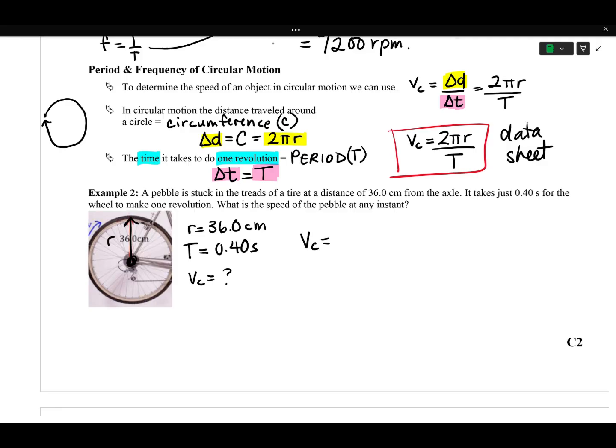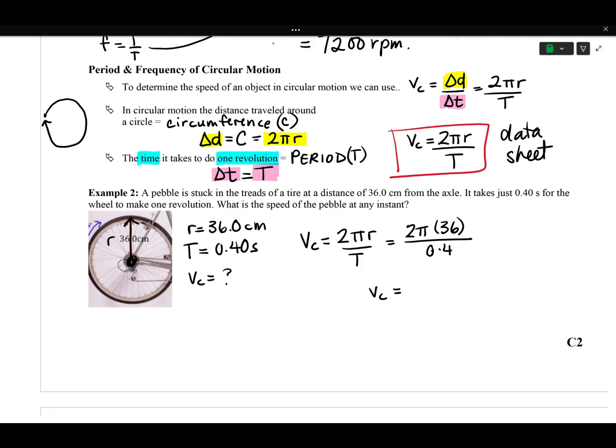The formula for circular speed is on the data sheet, so you don't have to memorize it. 2 pi r over T. We plug it in, 2 pi, and they don't ask for specific units, so we can just keep it as centimeters and end up with a centimeter per second value. If they wanted us to convert to meters and they wanted an answer in meters per second, we could then convert centimeters to meters. But they don't ask it, so we don't need to do it. So it's going to be 2 pi times 36 all over the period, 0.4.